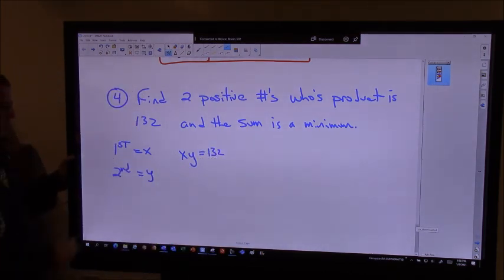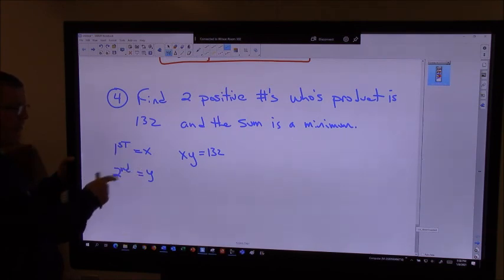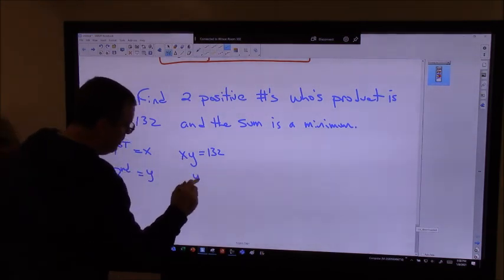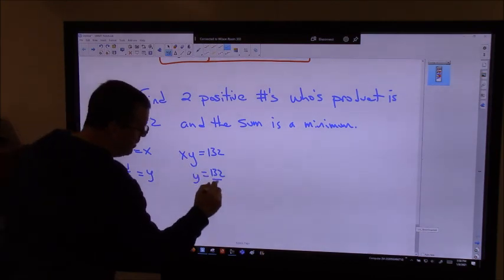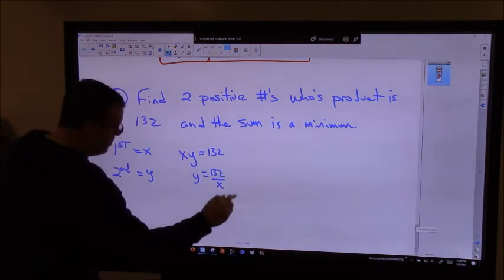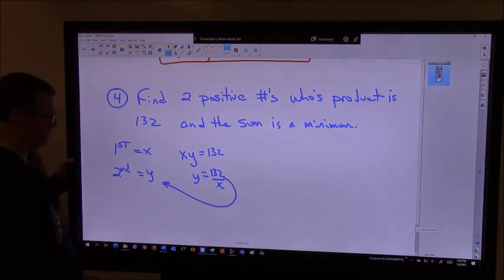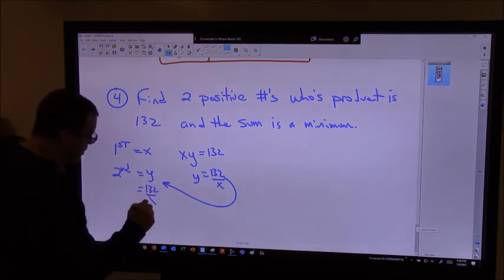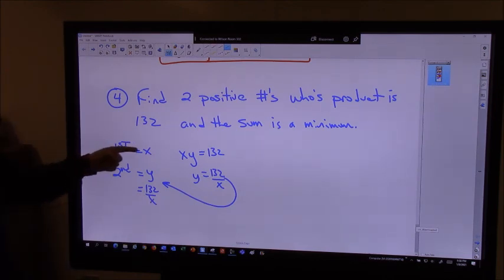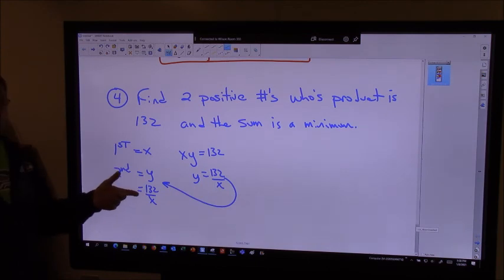So if I want to get to the point where I'm just using one variable here, I could say, well, okay, then y equals 132, I'm going to move this x over and divide, and I could put that in place of this right here. So 132 over x. There's my two expressions for the numbers. Okay, they both are using the same variable, which is helpful.